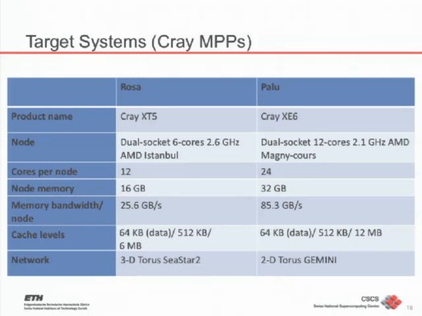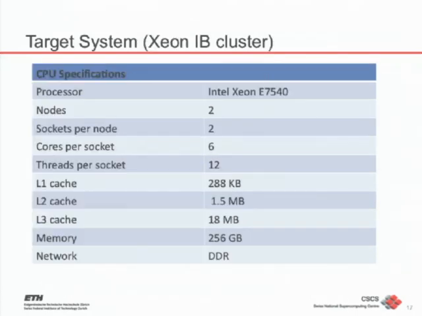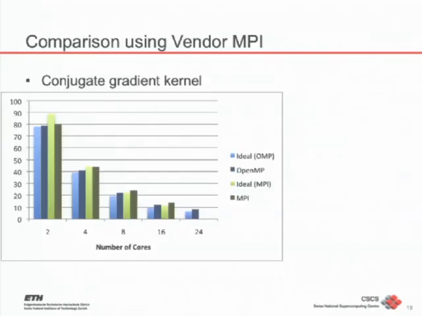So our target systems, you've already seen these. We've got Rosa, the XT5, we've got Palu, the machine you've been working on, and we've got a Xeon cluster. Using the conjugate gradient NAS parallel benchmark, comparing on different numbers of cores using an OpenMP and an MPI version.